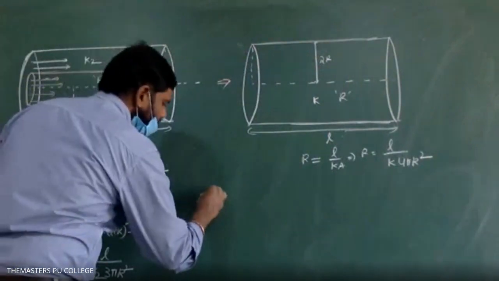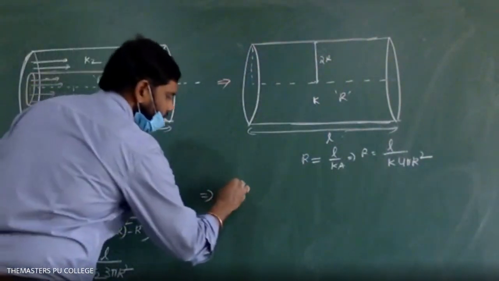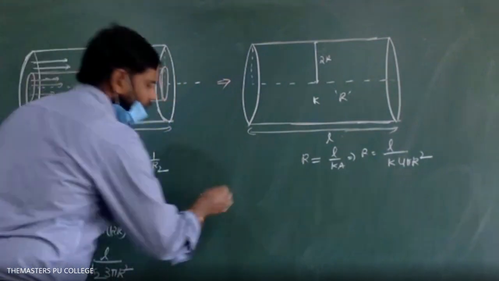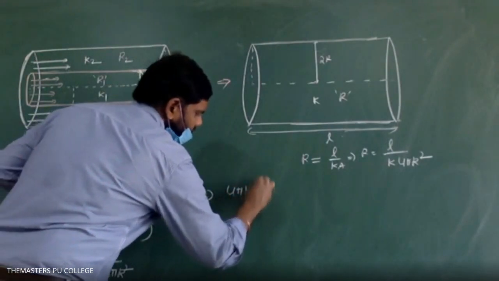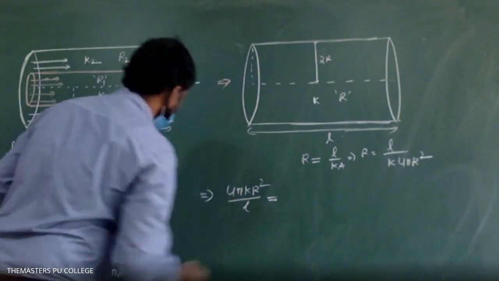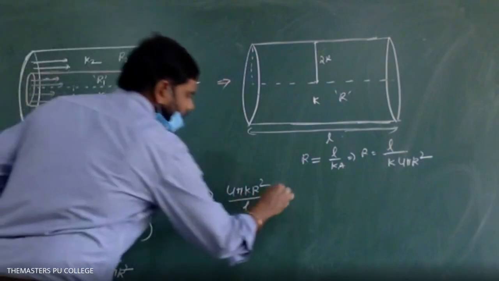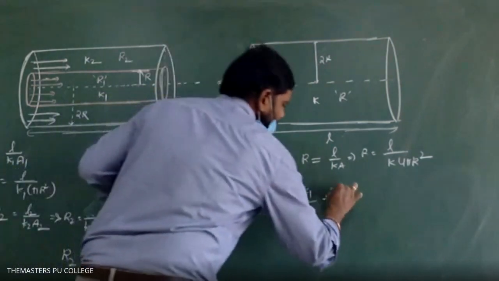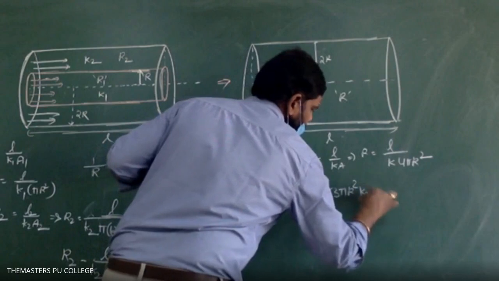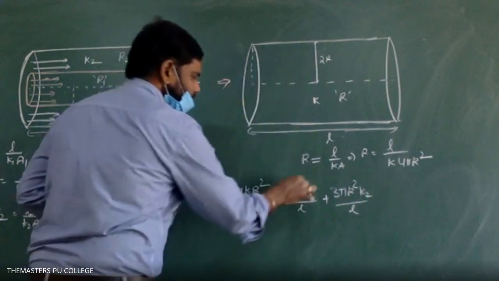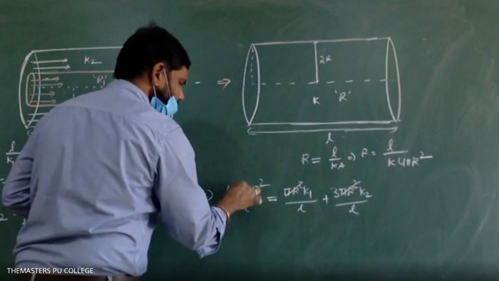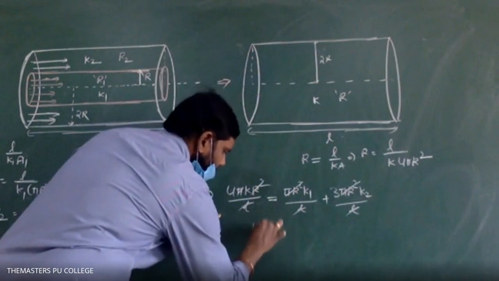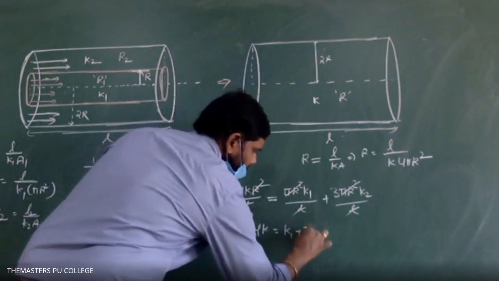Then substitute this value. 1 by R equals 1 by R1 plus 1 by R2. So I can write 1 by R as K by L: 4 pi K r square divided by L equals pi r square K1 divided by L plus 3 pi r square K2 divided by L. Therefore this pi r square and this L get cancelled. 4K equals K1 plus 3K2.